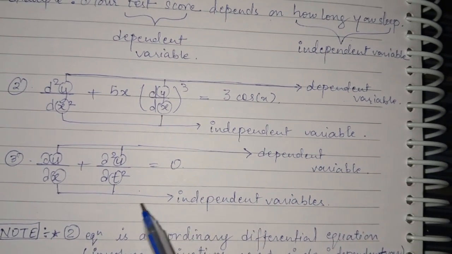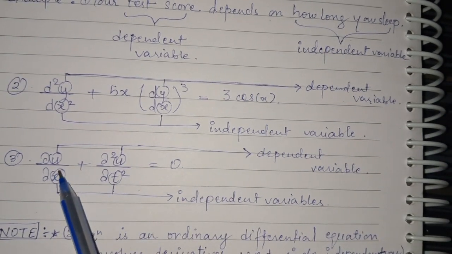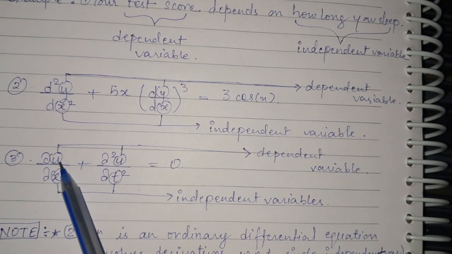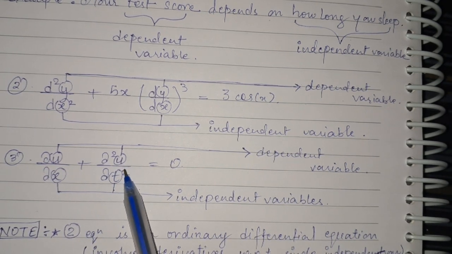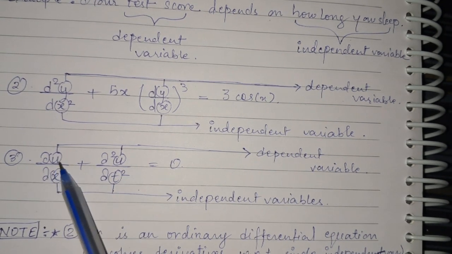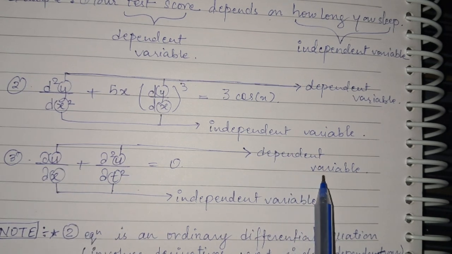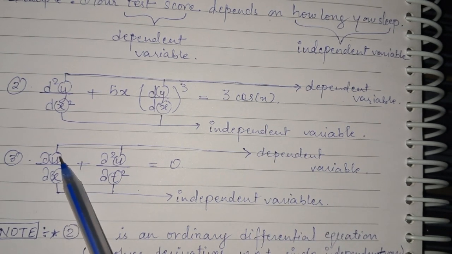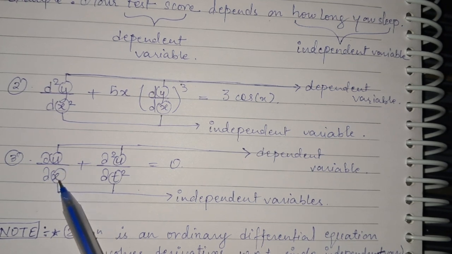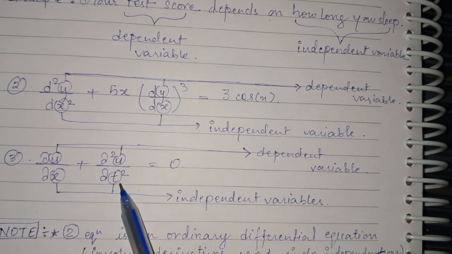In the next equation, we have the derivative of u, and here also we have the derivative of u. That means u here is the dependent variable, and we have the derivative with respect to x, and here we have the derivative with respect to t.